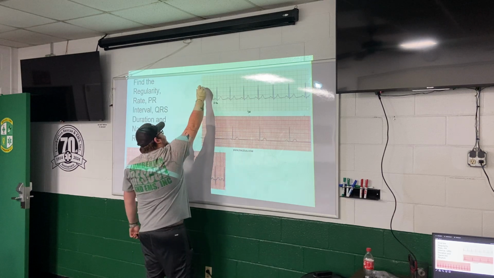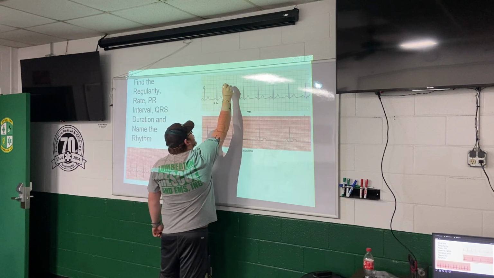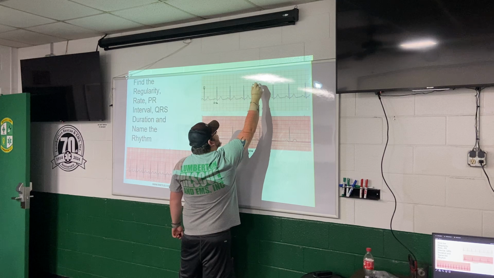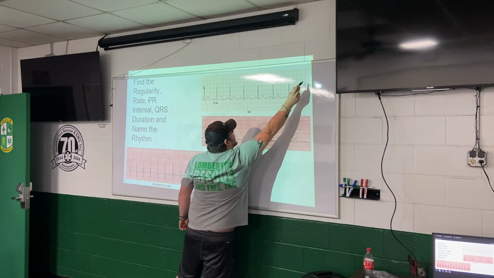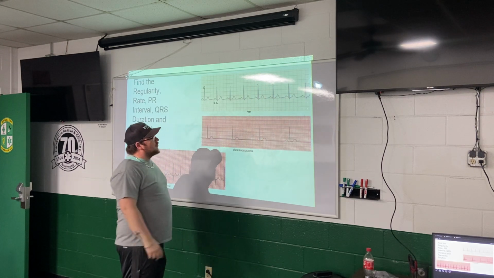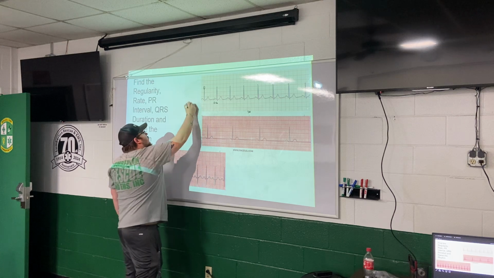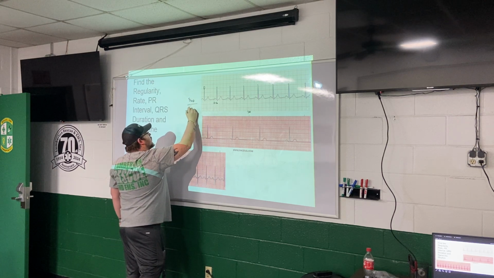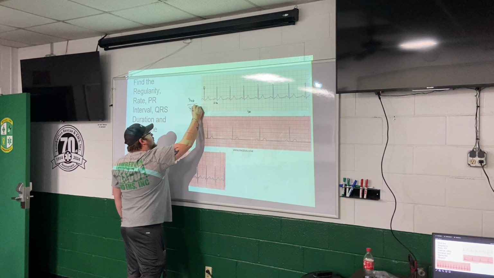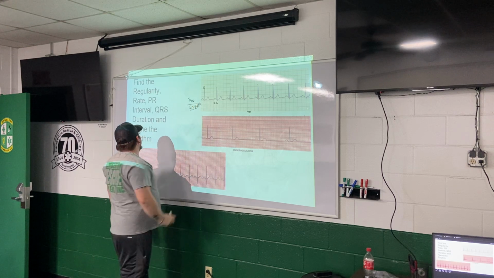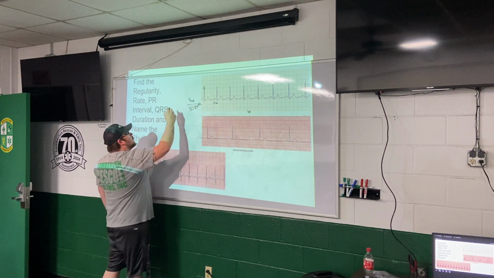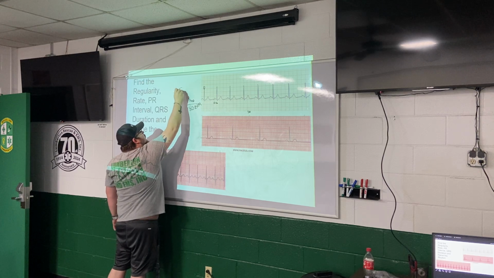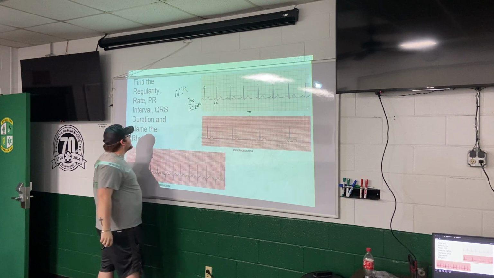And we have 1, 2, 3, 4, 5, 6, 7, 8. 6-second strip, 8 points. 8 times 10 equals 80 beats per minute, which is going to mean that this is going to be normal sinus rhythm.